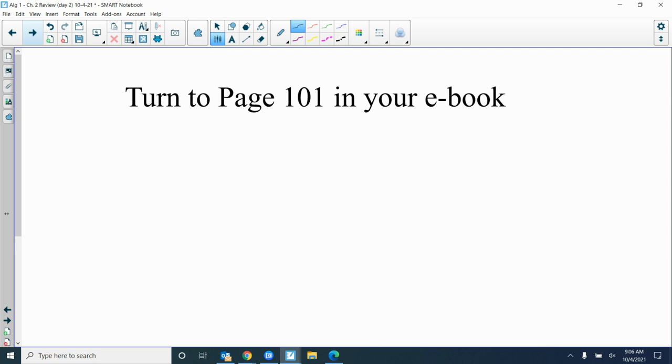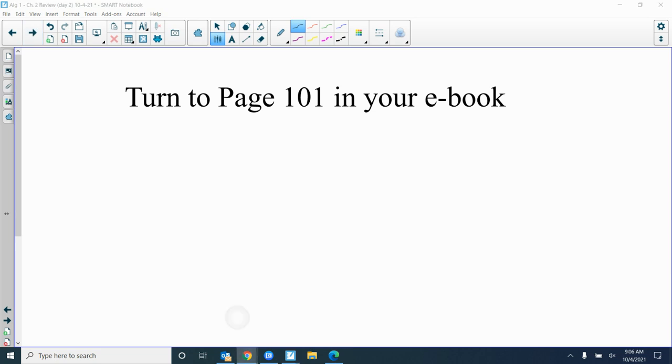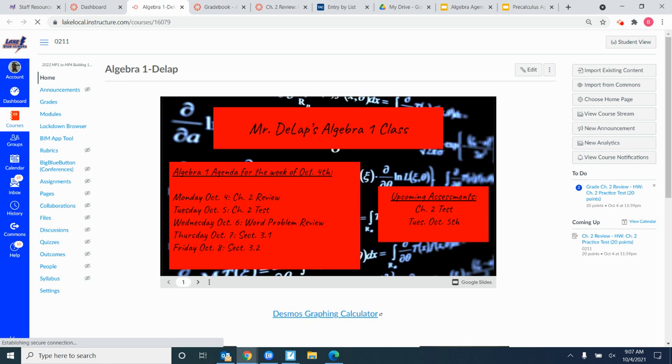So here's how you get to the ebook. Under Canvas, if you go to the home page on the left-hand side, this BIM app tool stands for Big Ideas Math. That's where the ebook is.